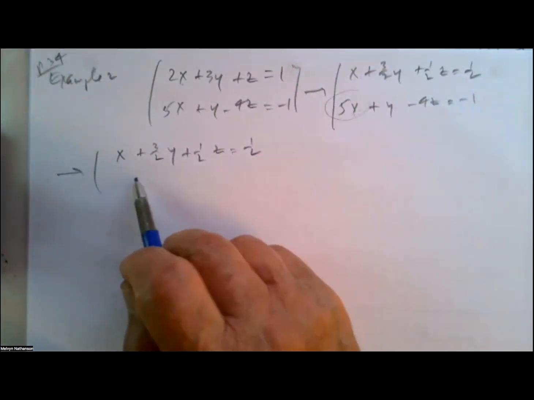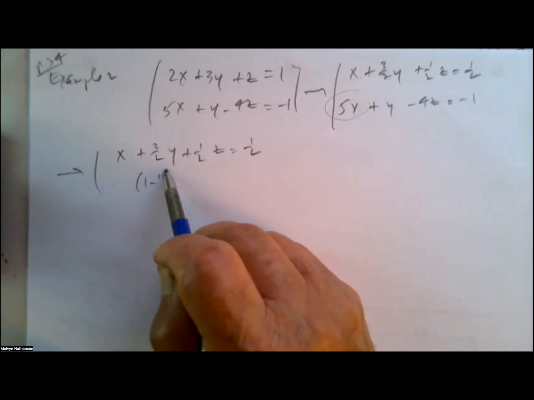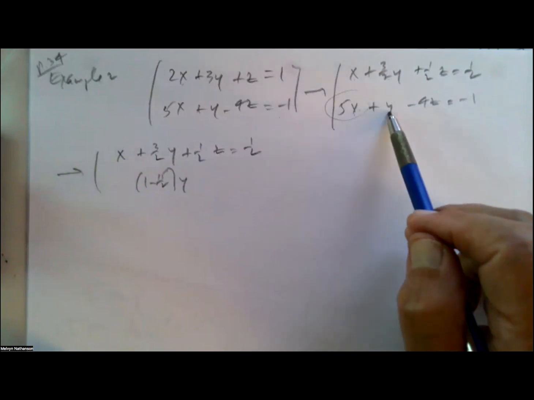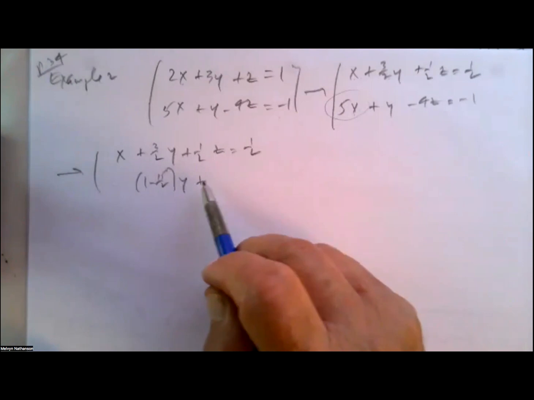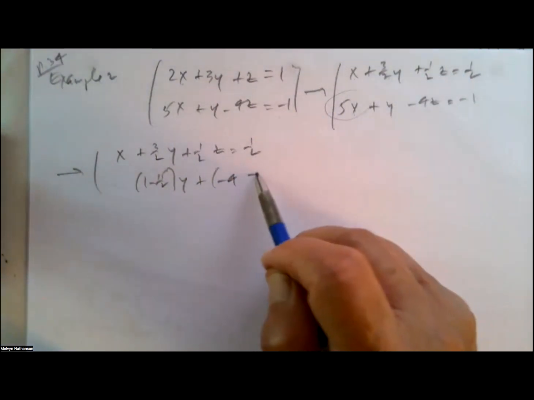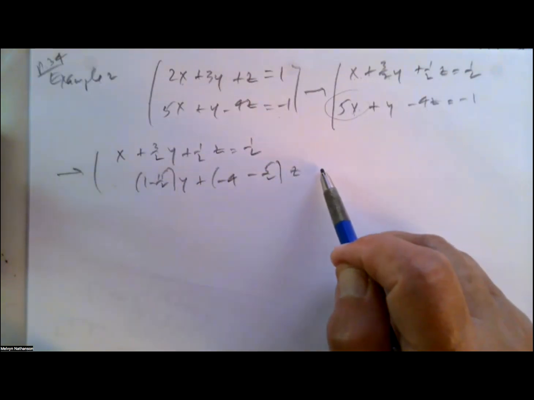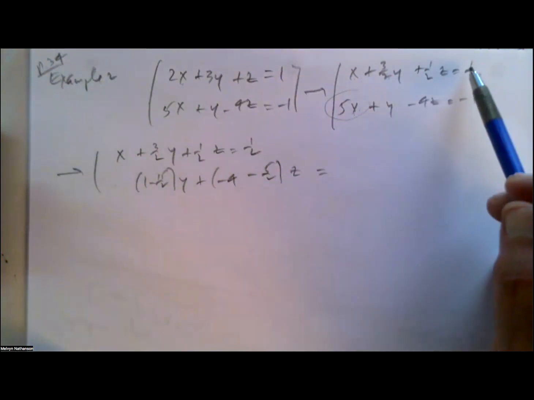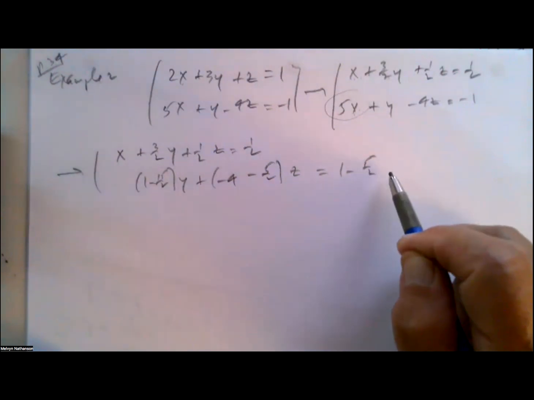Let me do this in painful detail. It's y minus 15/2 y. And then it's minus 4 minus 5/2 z equals, it's 1 minus 5/2.